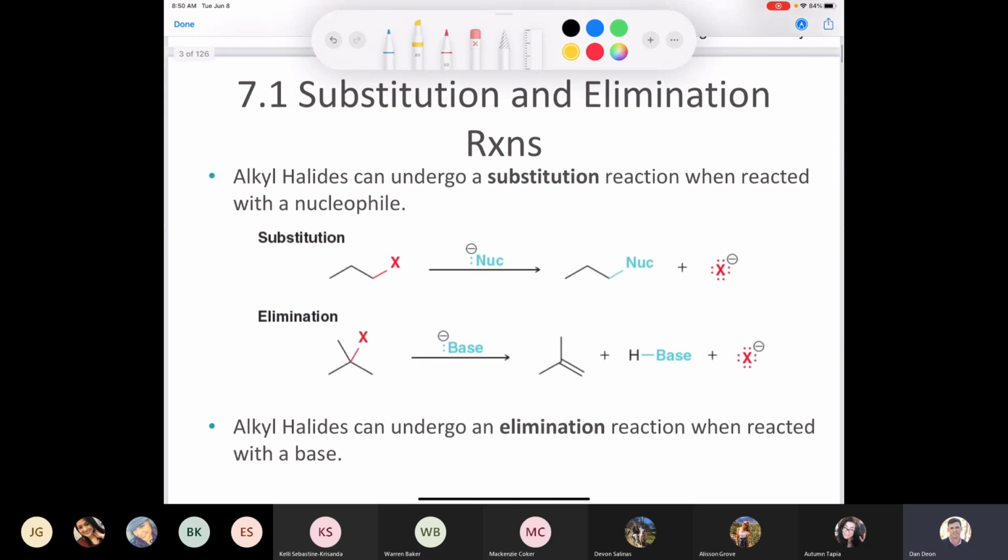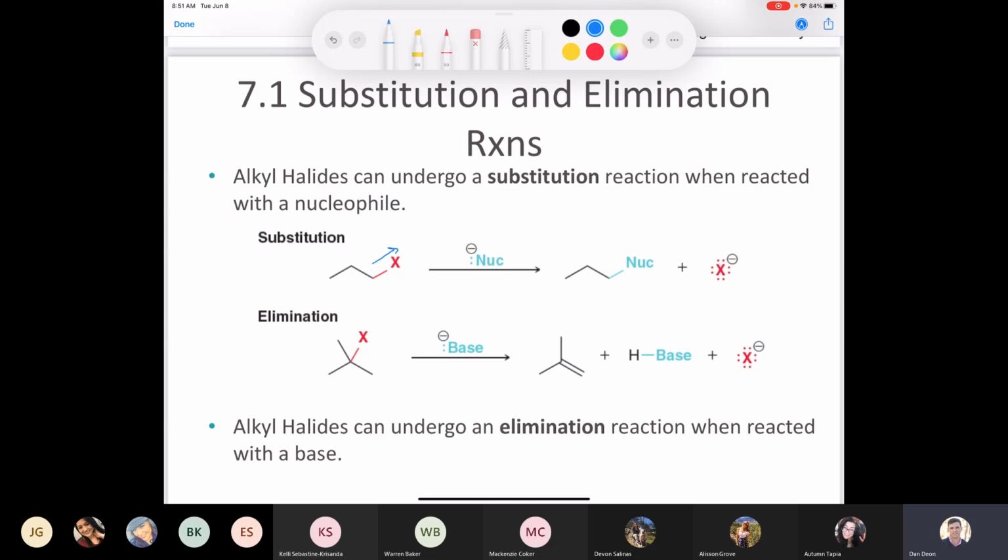Well, let's talk a little more about these substitution and elimination reactions. So an alkyl halide can undergo a substitution reaction when it's reacted with a nucleophile. Remember, a nucleophile is a nucleus lover. It loves positive charge, right? We have a dipole here.